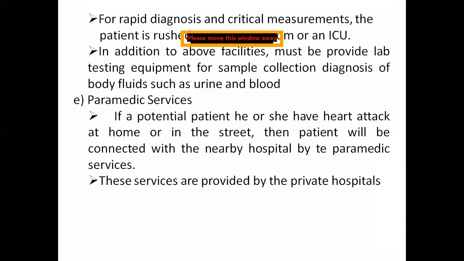These services are provided by the private hospitals. All the time they don't serve the patients, but if there is any problem, it is identified by the transmitter. The transmitter sends the information to the nearby hospital, and according to that they send an ambulance or some medical care will be provided.